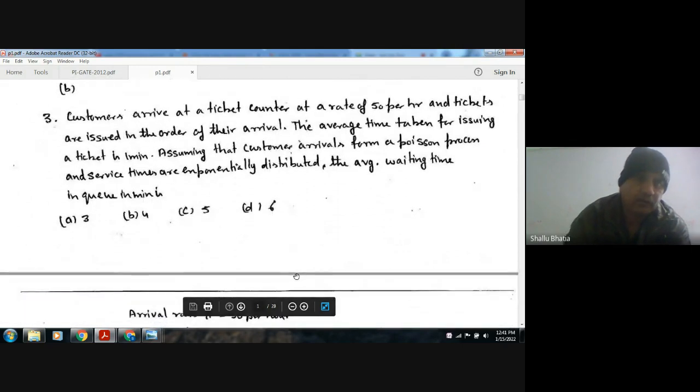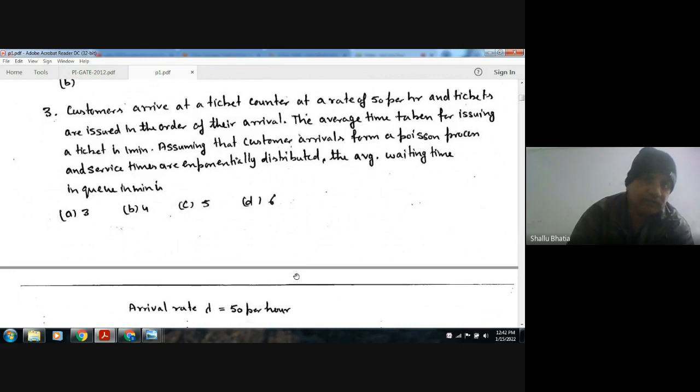Next, customers arrive at a ticket counter at a rate of 50 per hour, and tickets are issued in the order of their arrival. The average time taken for issuing a ticket is 1 minute. Assuming that the customer arrival follows a Poisson process and service times are exponentially distributed, the average waiting time in queue in minutes is?